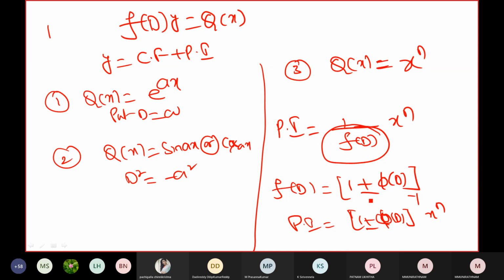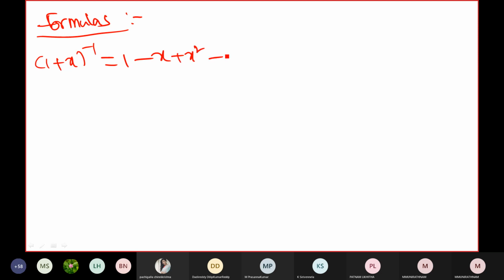We should expand this using the formulas, so write down the formulas. 1 plus x whole inverse will be 1 minus x plus x square minus x cube, and so on. Similarly, 1 minus x whole inverse will be 1 plus x plus x square plus x cube, and so on.